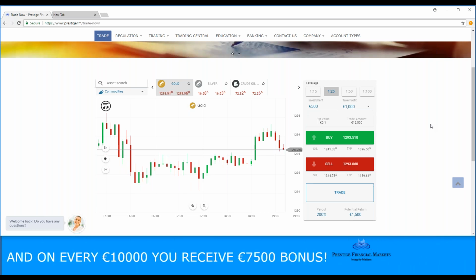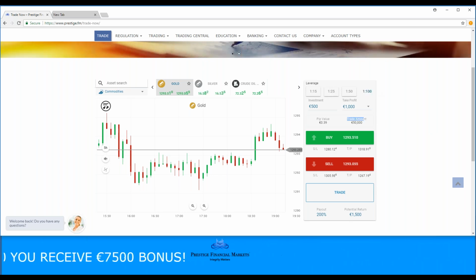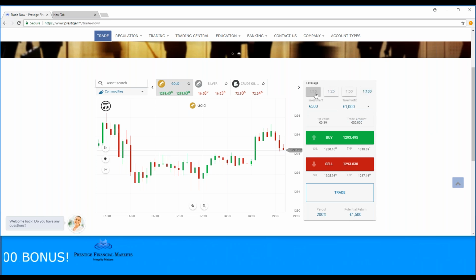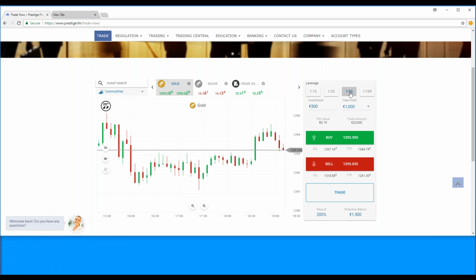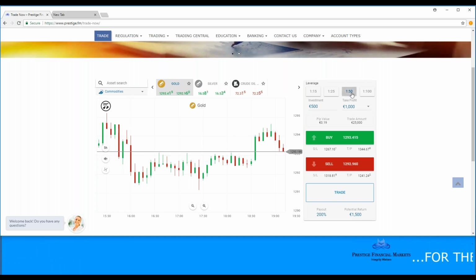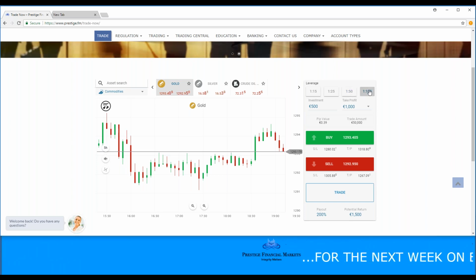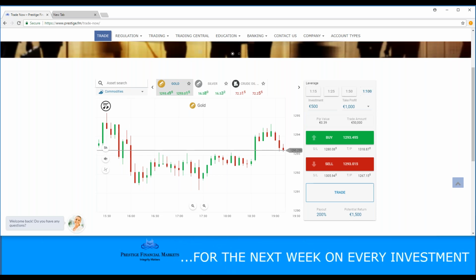Okay, so let's simplify this. What is the trade amount? You see the trade amount is changing with leverage. Basically, trade amount is investment times leverage. So 5,000 times 50, you get this trade amount. Logically, when you increase leverage, you increase the trade amount.